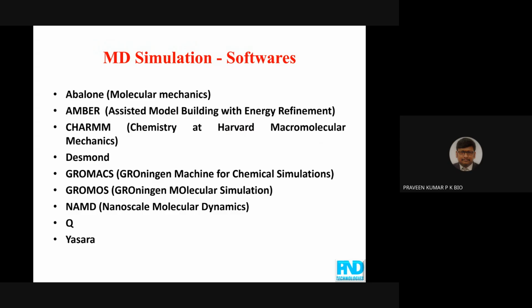Similarly, in the Schrödinger package, the simulation software is Desmond. And I took you through the ligand receptor interaction tutorial, and I showed you nearly 8 steps to undergo the simulation. To perform MD simulation, we have to follow sub-steps in those 8 major steps.